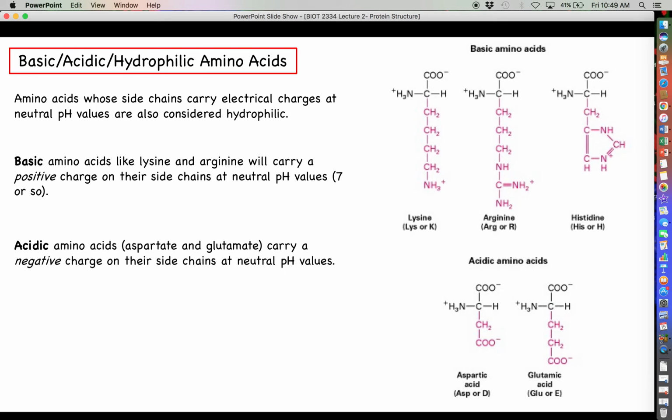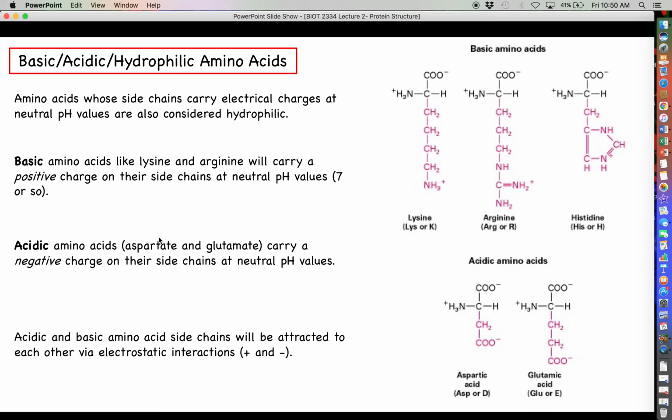And then for the acidic amino acids, you'll want to think the opposite. They are going to carry negative charges at neutral pH values. So aspartate or aspartic acid carries a negative charge here. Glutamic acid or glutamate carries a negative charge here. So when you see the word acidic for amino acids, think negative charge. Basic means positive, acidic means negative.